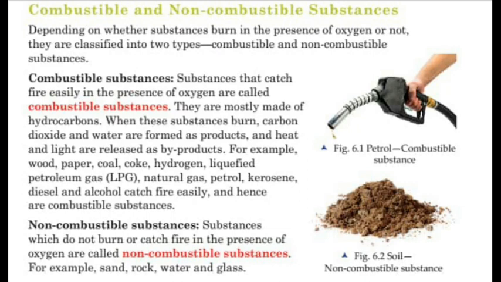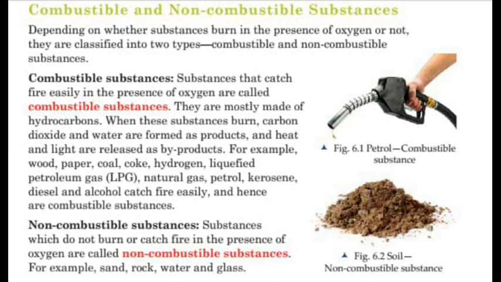Combustible substances: substances that catch fire easily in the presence of oxygen are known as combustible substances. They are mostly made up of hydrocarbons, compounds made up of the elements hydrogen and carbon. When these substances burn, carbon dioxide and water are formed as products, and heat and light are released as a byproduct.